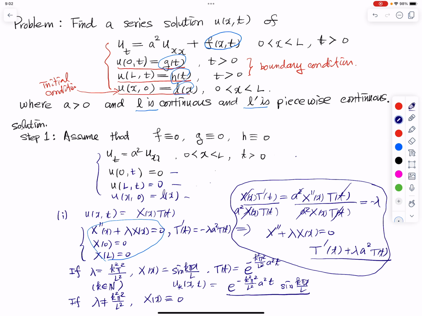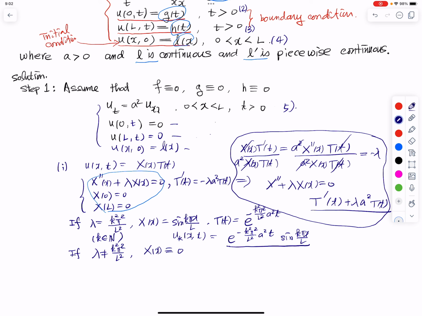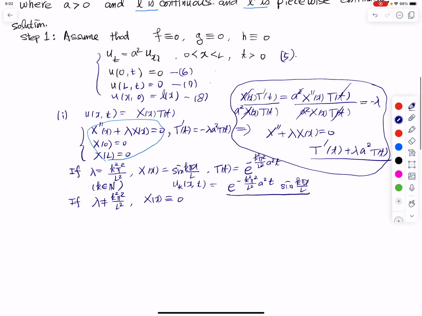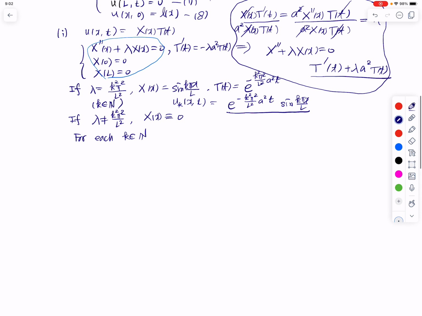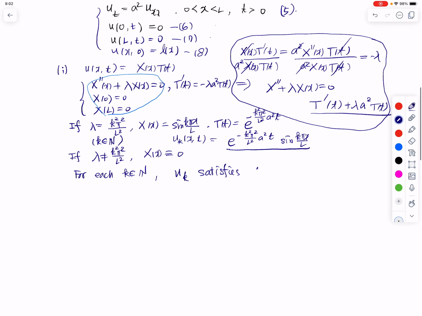Let me label this equation 1, this is equation 2, 3, 4, this is 5, 6, 7, 8. And this u(x,t), for each k in the natural numbers, u_k satisfies 5, 6, 7.